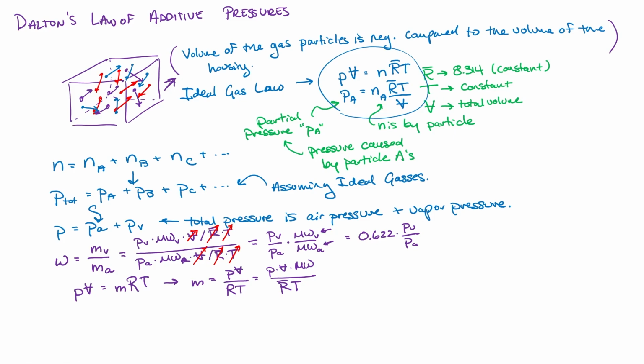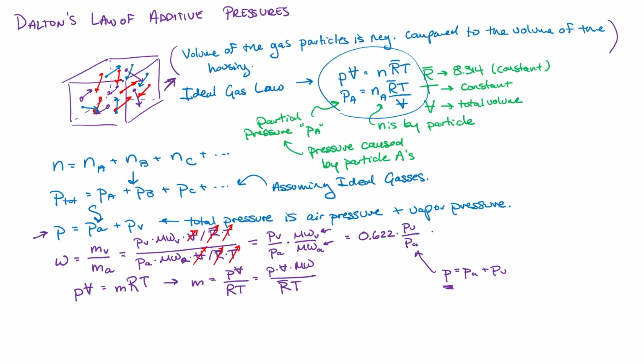And in general, we said that our total pressure, well, our pressure total is right up here. Pressure total is going to be equal to our pressure of our air plus our pressure of the vapor. And we can measure the pressure total. We're not going to be able to measure these individual pressures.